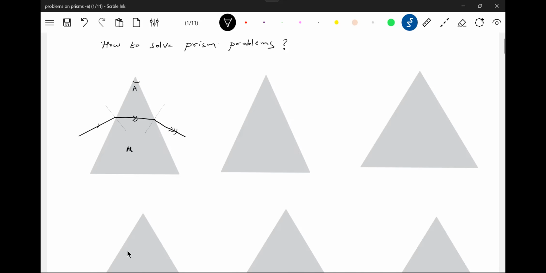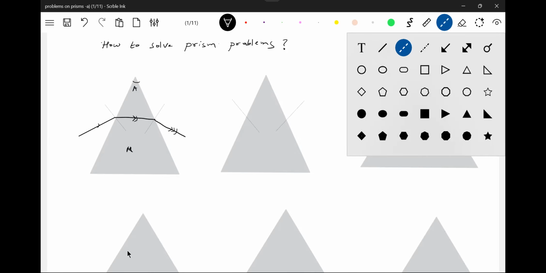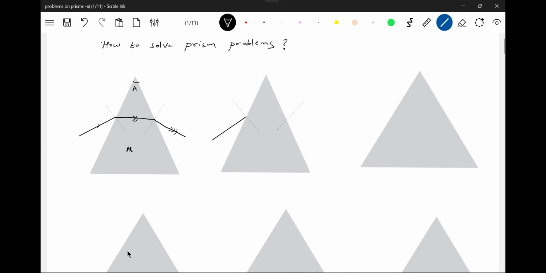Next, if a ray is incident at a certain angle, then after refraction it becomes parallel. Then this will be minimum deviation. These two angles will be equal.